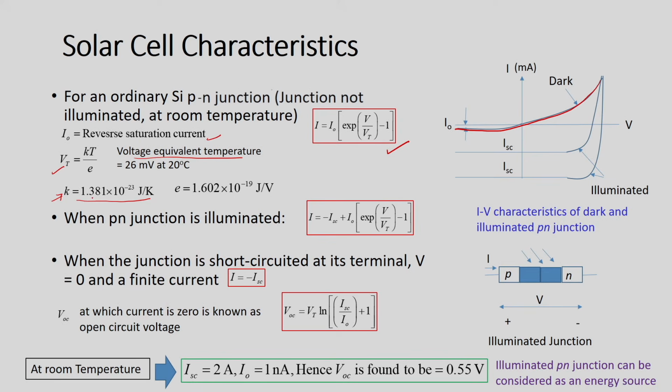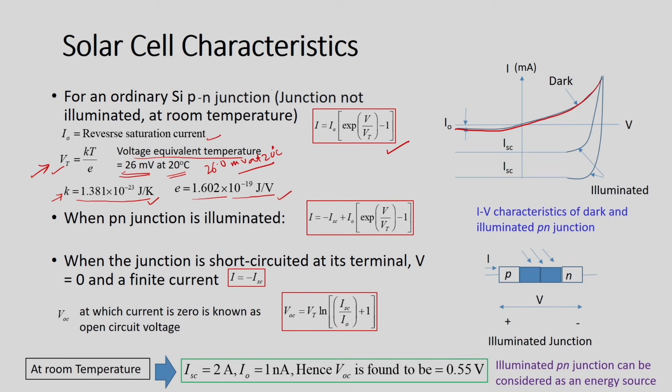Its value is about 1.381 into 10 to the power of minus 23 joule per Kelvin. The charge of an electron is about 1.602 into 10 to the power of minus 19 coulomb. So this Vt value is about 26.0 millivolt at 20 degree C, at room temperature.